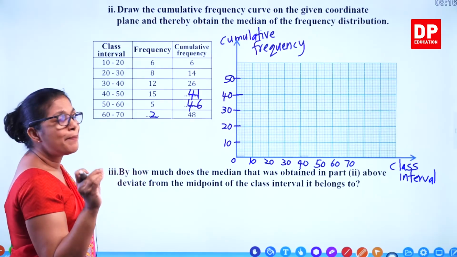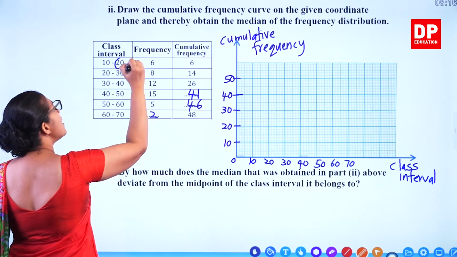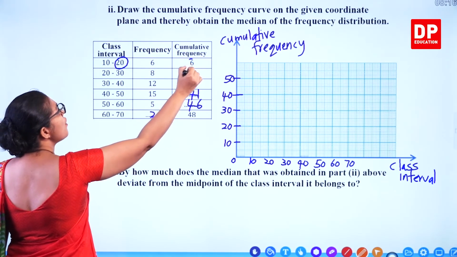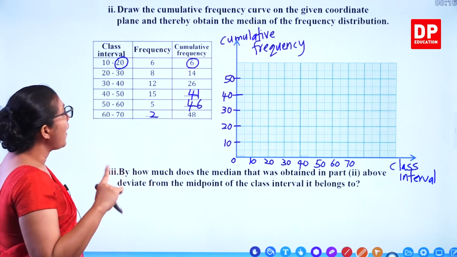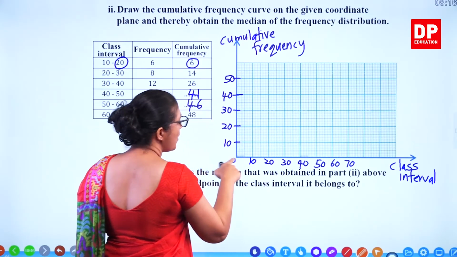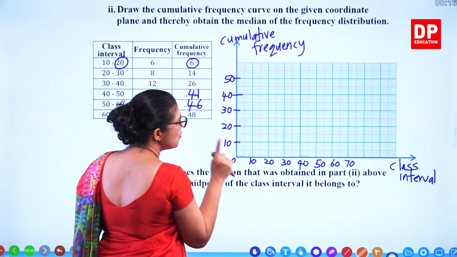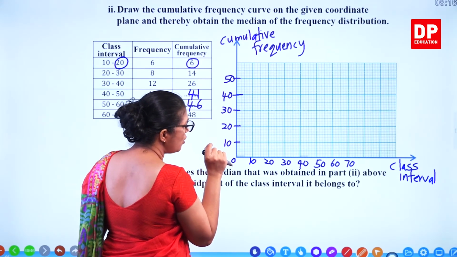How do you mark the points? Always remember, upper boundary with the cumulative frequency. So 20 with 6. Now with this scale, 10 squares for 10 units means 1 small square is 1 unit.